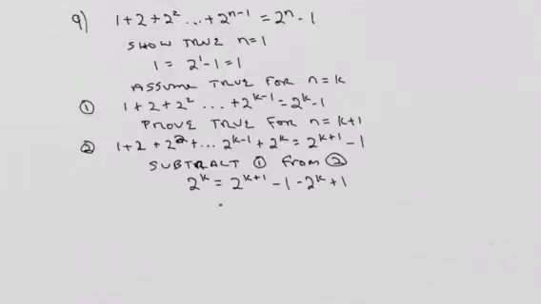When I simplify the right side, my negative 1 and my positive 1 go away, and I get 2 to the k plus 1 minus 2 to the k, and I can factor out a 2 to the k from the right side.